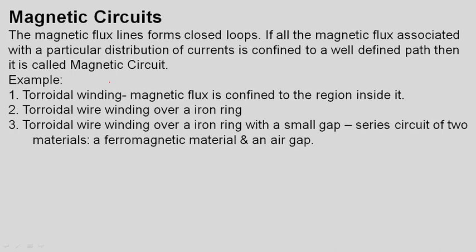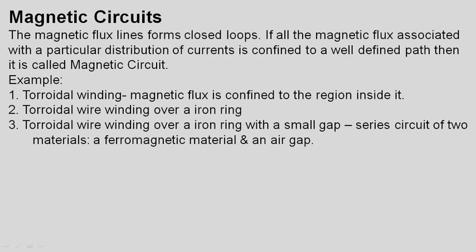Example, a current carrying wire. Around that, the magnetic field lines form circles. So for any other source also, the magnetic field lines always form closed loops. So in general, magnetic flux forms a closed loop.